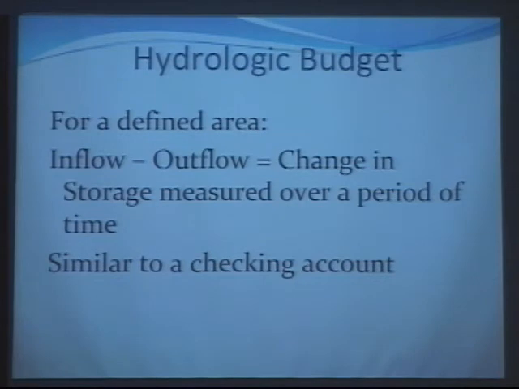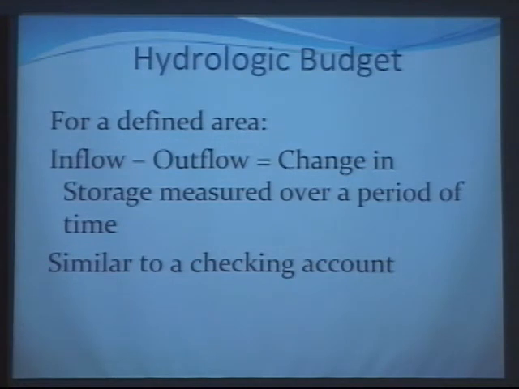Okay, the hydrologic budget is essentially something like doing your checking account. For a defined area, we're saying that inflow minus outflow, the flow of water, is equal to the change in storage over some period of time. So the defined area might be a watershed, an area that drains water to a stream, or in this case, we'll just say the boundaries of the state of Kansas.